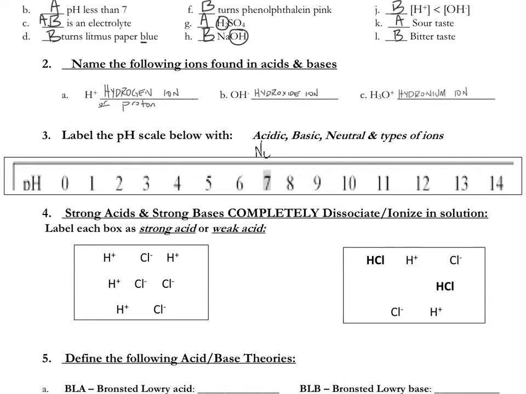We know that anything greater than 7 is base, or basic. We know that anything less than 7 is acidic.